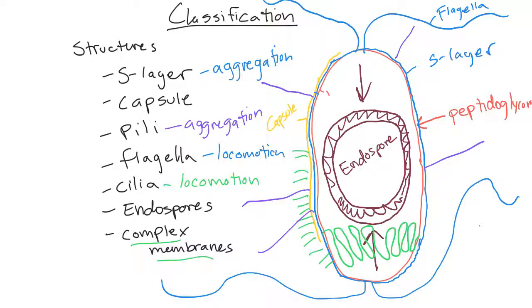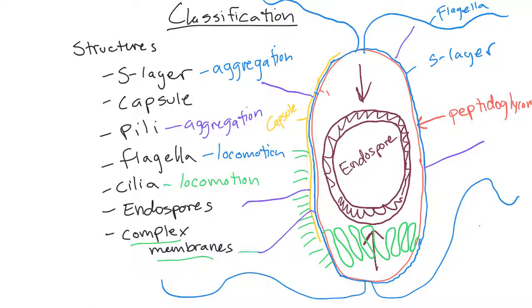Or if it can go through cellular respiration, then it may have a membrane similar to a mitochondria. And these can often take up most of the cell and allow that cell to participate in those very complex processes.